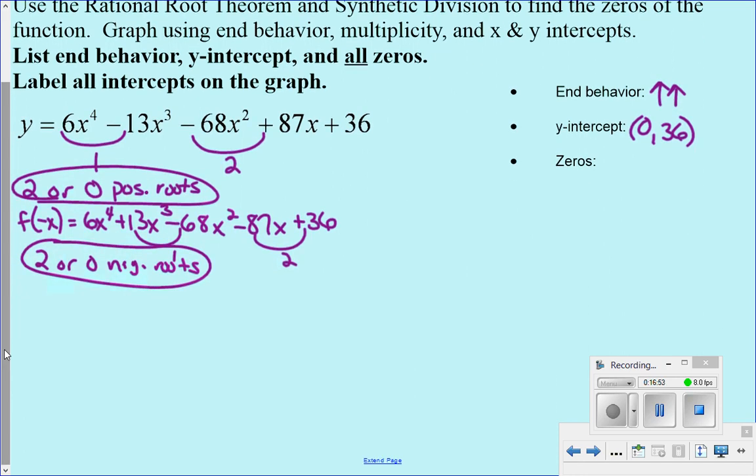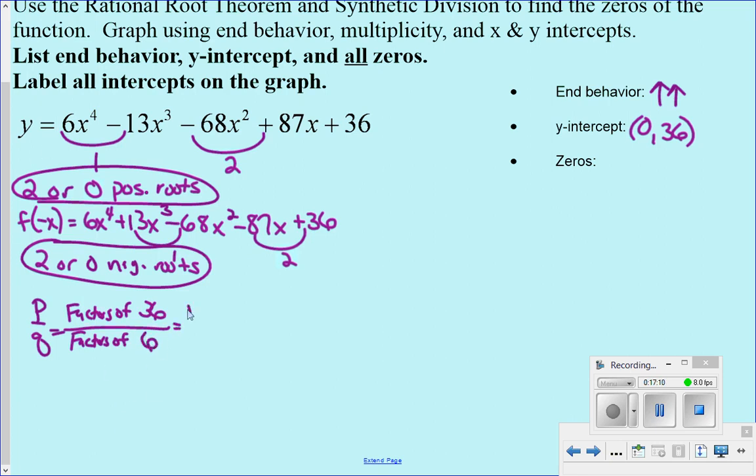So we're looking at the p's over the q's, which means the factors of 36 divided by the factors of 6.